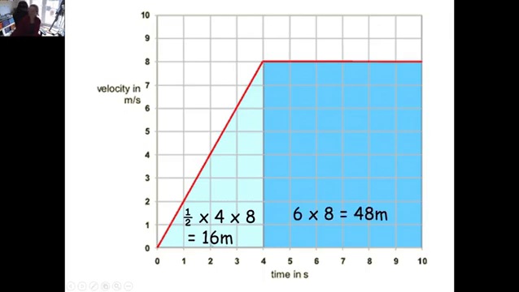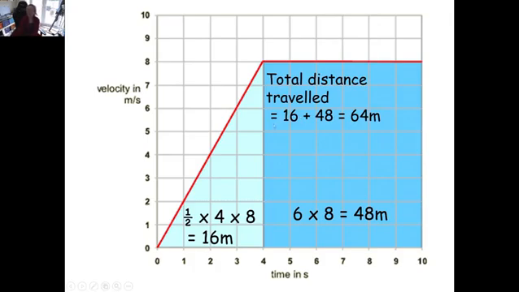And then for the part of the journey where the object travelled at a constant speed, we have a distance of 48 meters, which you get by multiplying 6 by 8. In total, we add those two together, 16 plus 48, you should have got a value of 64 meters, which is the total distance travelled by that object.